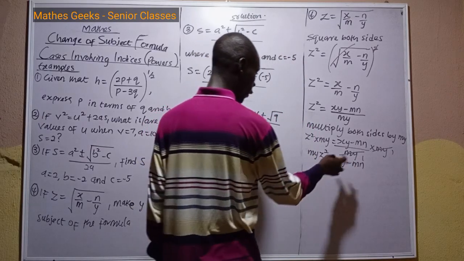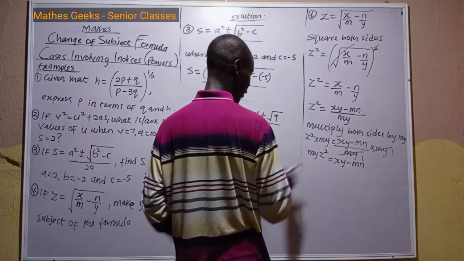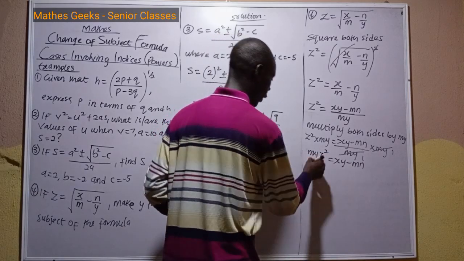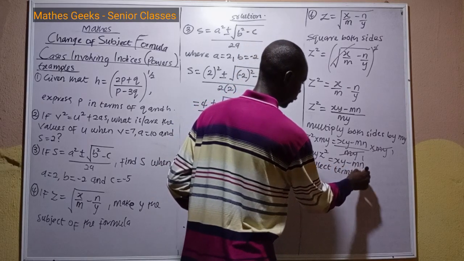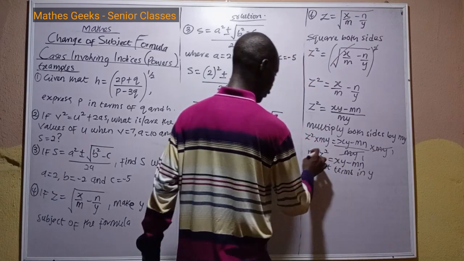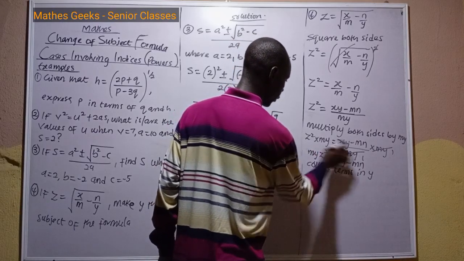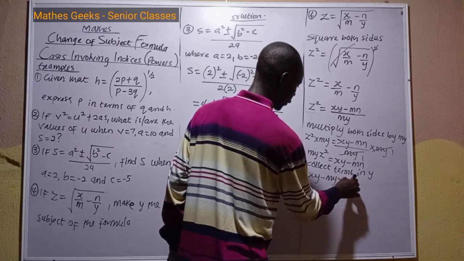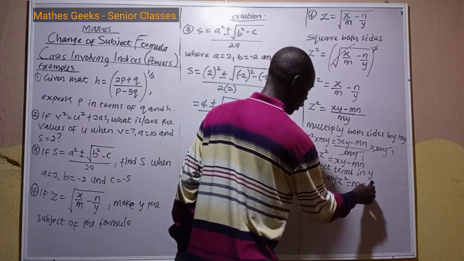This term and this term have y in common, so I'm going to collect terms in y. So xy, when it moves over here, becomes minus n y z squared, and this moves over to become positive n.